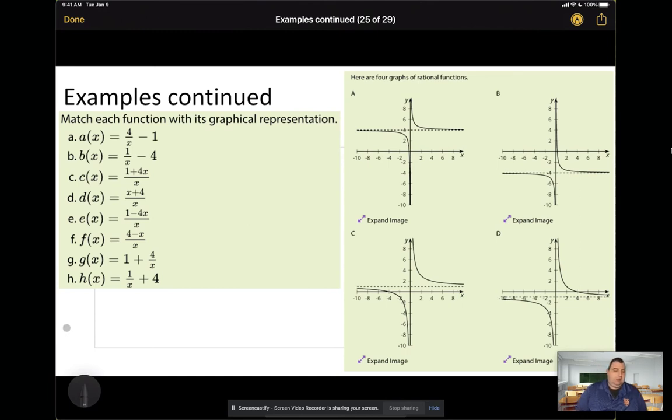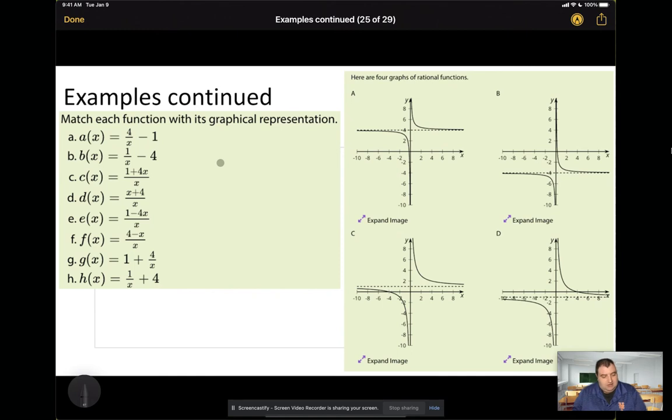So for function A, notice here the fraction is already separated out, just like this one is, just like these two are. These ones in the middle are not separated out, but this one is already separated out.